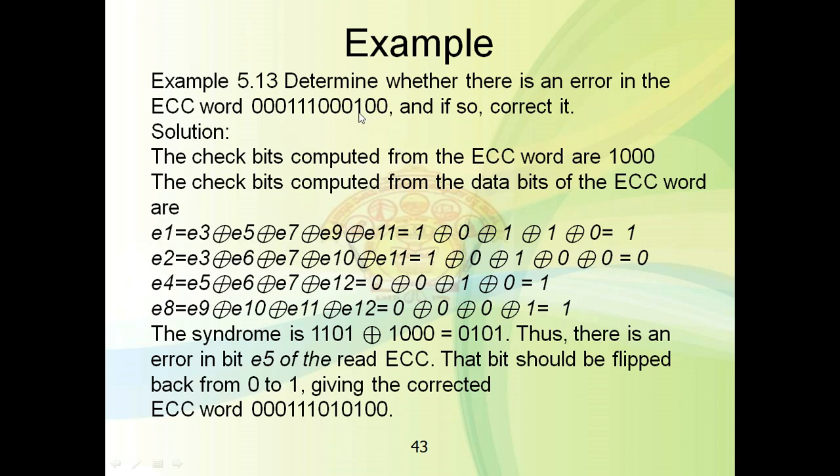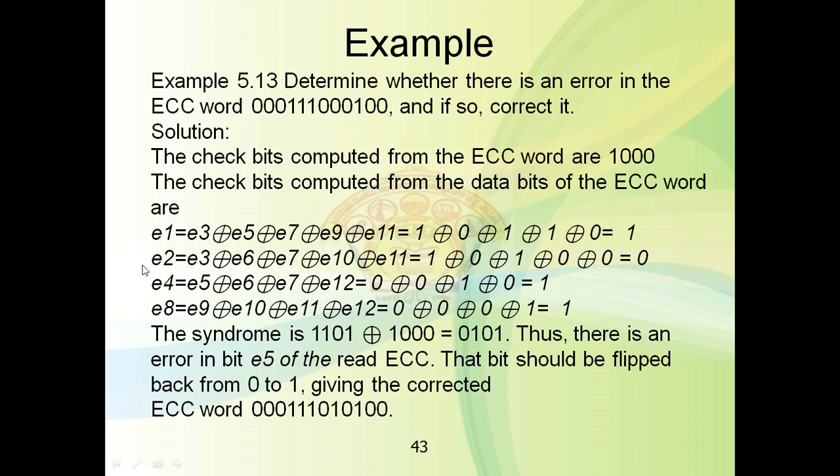E3 is equal to 1. Likewise, what is E5? E5 is equal to 0. What is E7? E7 is equal to 1. Likewise we can place all the values and we get E1 is equal to 1.